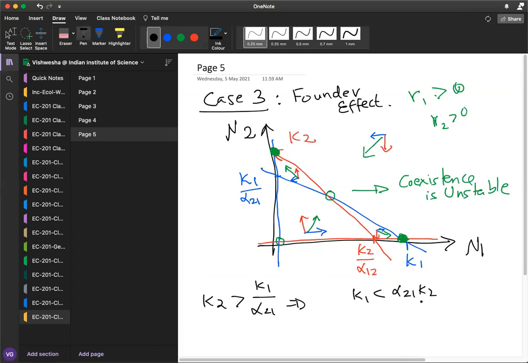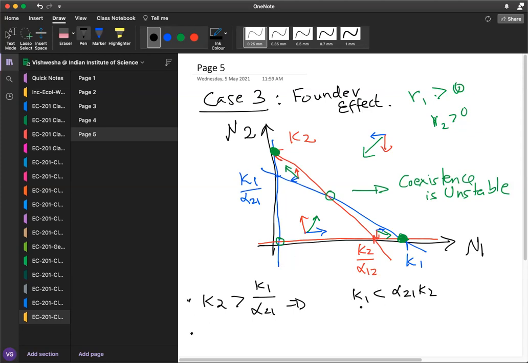What this means is that if the system is completely species 2 at carrying capacity, then species 1 will lose out. So whenever species 2 is in large number, species 1 will lose out. That's the first part of the condition here.